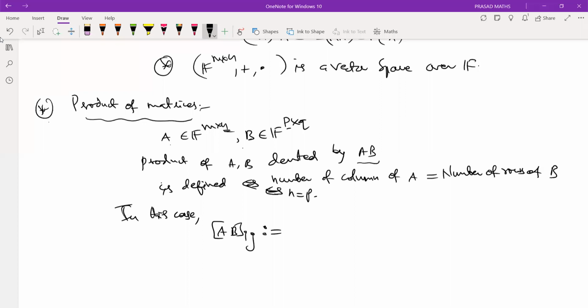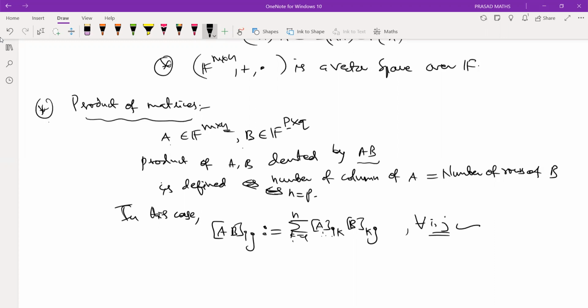The ijth entry is nothing but the sum of the products of the elements of the ith row of A with the corresponding elements of the jth column of B. This is true for every ij.